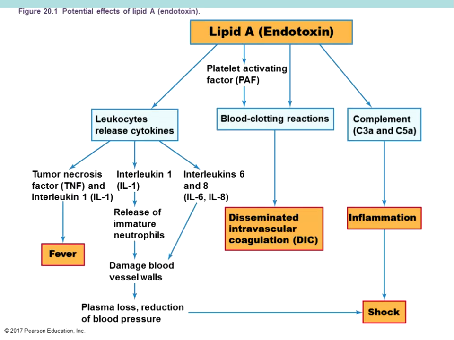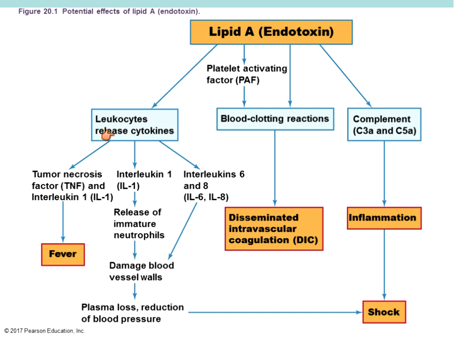Here we're looking at this chart with potential effects of that lipid A endotoxin. Leukocytes can release cytokines. Those cytokines can cause tumor necrosis factor and interleukin-1 to be released, which can lead to a fever. We can have the loss of plasma, which could reduce the blood pressure and lead to shock.